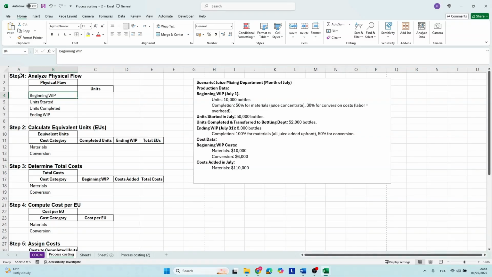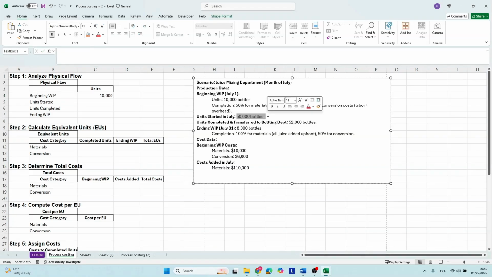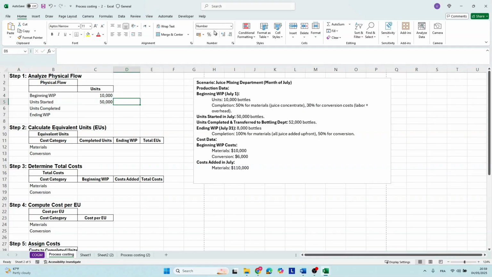We need to start by analyzing the physical flow, and we need to make sure that the beginning units plus units started is equal to units completed plus work in progress. So the beginning work in progress, we have 10,000. Then we have started 50,000 units. And if we make addition, we get 60,000 units.